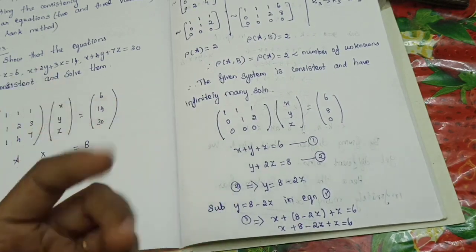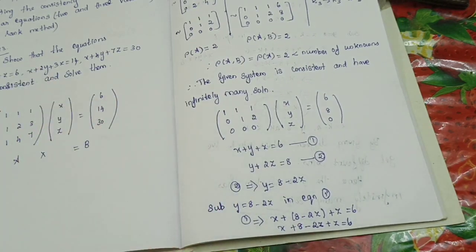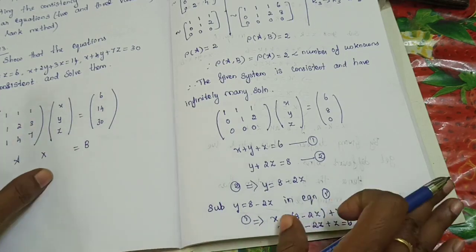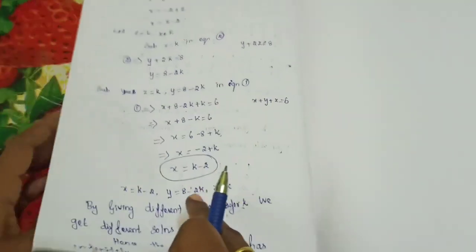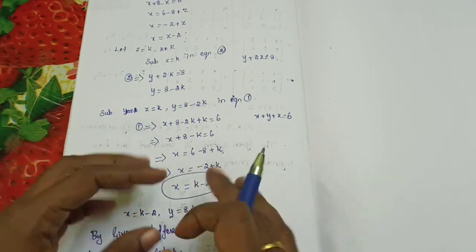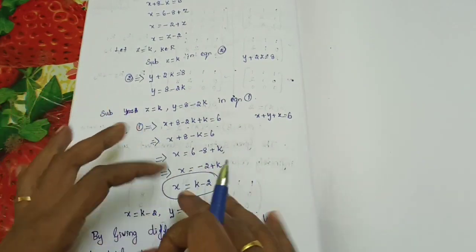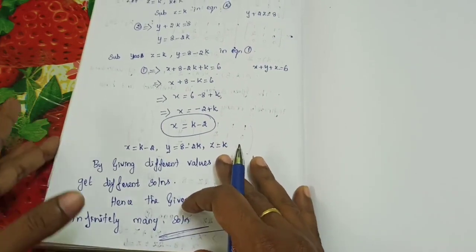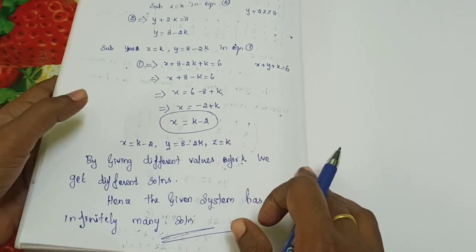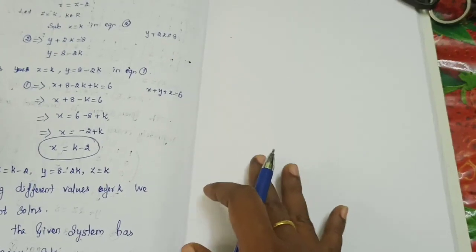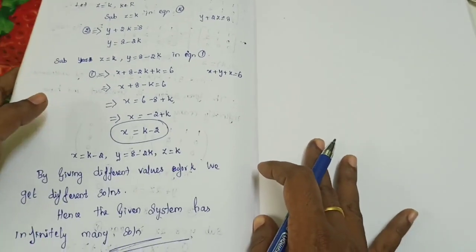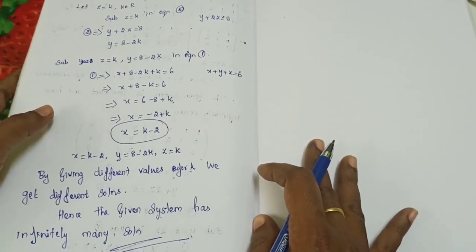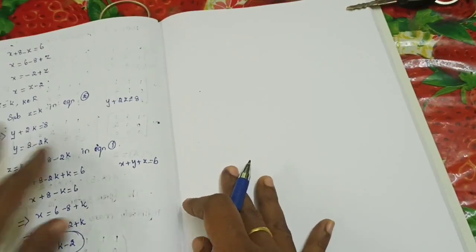So we are going to assume the third unknown variable as k, that k belongs to R. Then substitute z is equal to k in a certain equation, you will get x value. Finally, we will conclude the answer, that is different values for k, we will get different solutions. Therefore, the given system has infinitely many solutions. Understand all of you? Let's move to the next question.